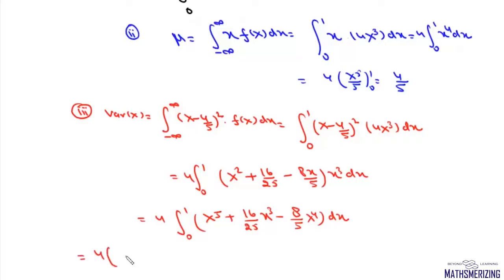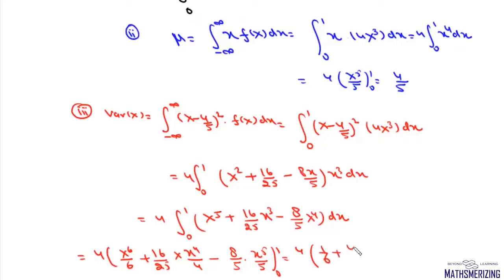Now this value will be x to the power 6 upon 6 plus 16 upon 25 x to the power 4 upon 4 minus 8 by 5 x to the power 5 upon 5 from 0 to 1, which is 4 into 1 by 6 plus 4 by 25 minus 8 by 25, which is 4 into 1 by 6 minus 4 by 25.